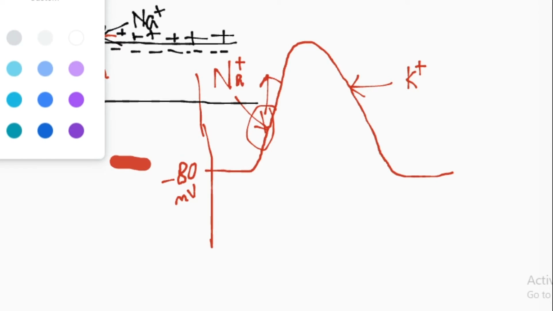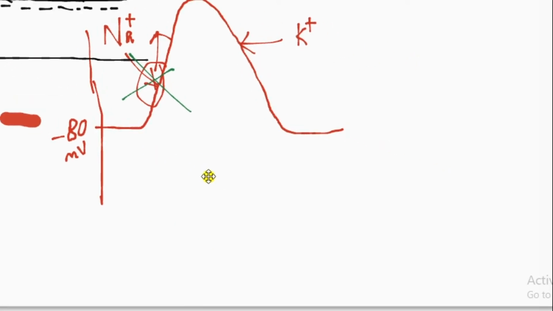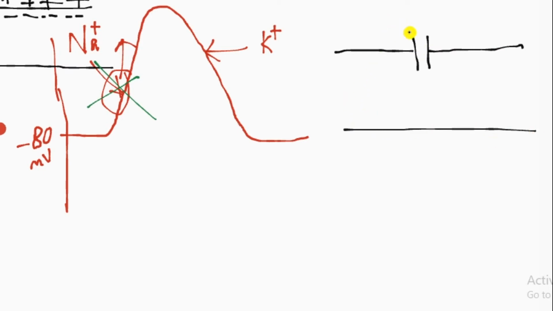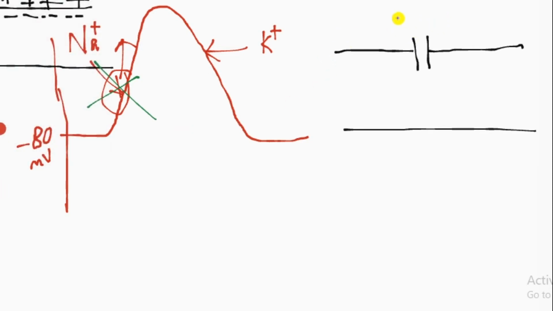So anesthetics work to block the sodium channel and block the depolarization. Let's look at how it works. Once again I am going to draw our neuron membrane. We administer, for example, Novocaine.